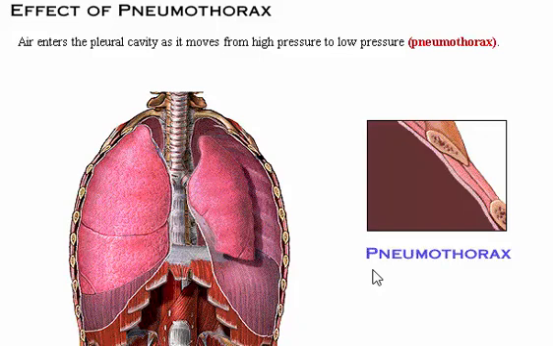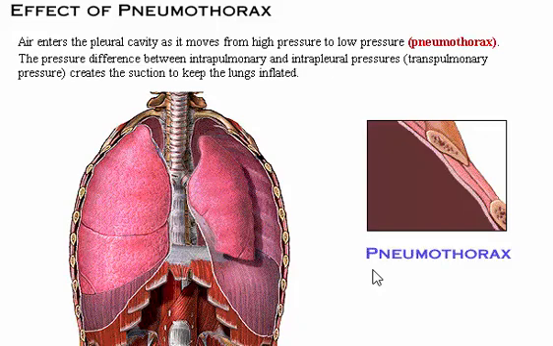This is called a pneumothorax. Normally, there is a difference between the intrapleural and intrapulmonary pressures, which is called transpulmonary pressure. The transpulmonary pressure creates the suction to keep the lungs inflated. In this case, when there is no pressure difference, there is no suction and the lung collapses. Click the other lung to discover why it did not collapse.